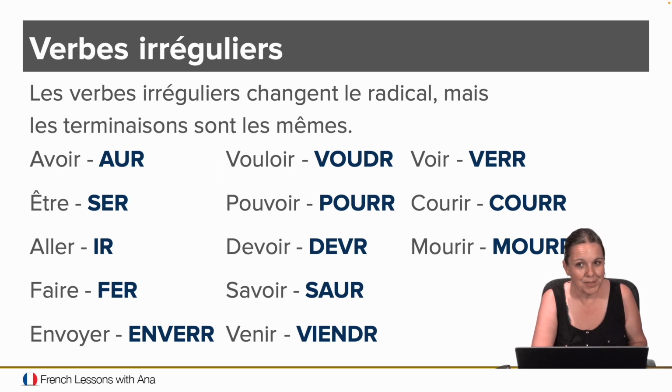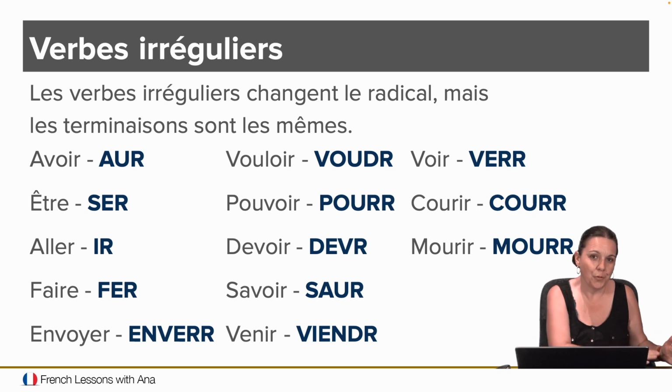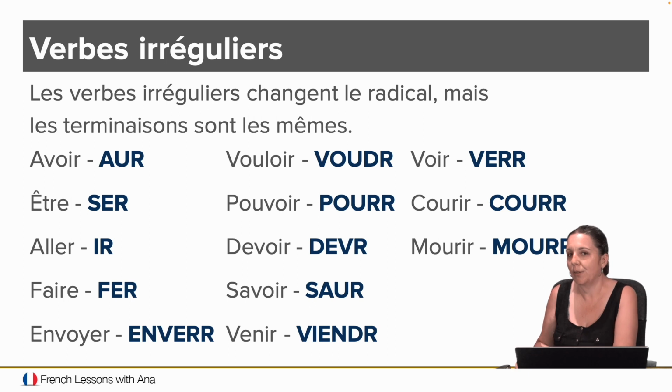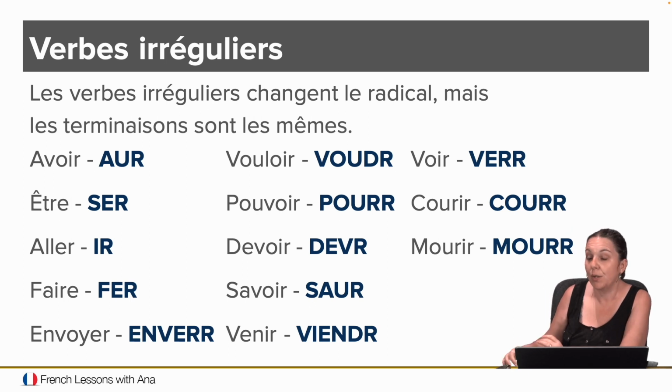The other good news is that if you saw the video for futur simple and you remember the verbs that are irregular from the futur simple, you then know the ones in the conditionnel. They are the same. Whatever verb is irregular in the futur simple is also irregular in the conditionnel, as they sort of use the same formula to get formed. The only difference is the endings, right?